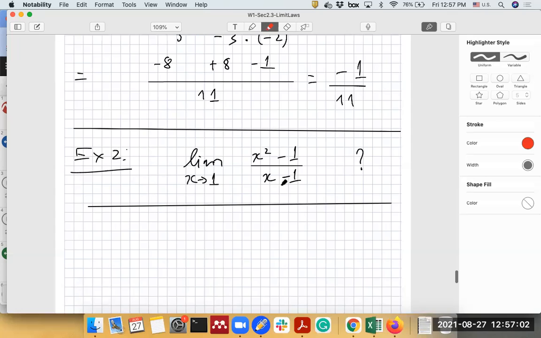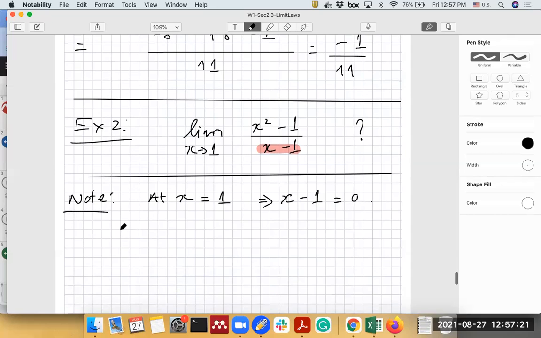So remember, at x equal to 1, then x - 1 is equal to 0. Then x² - 1 divided by x - 1 is undefined.